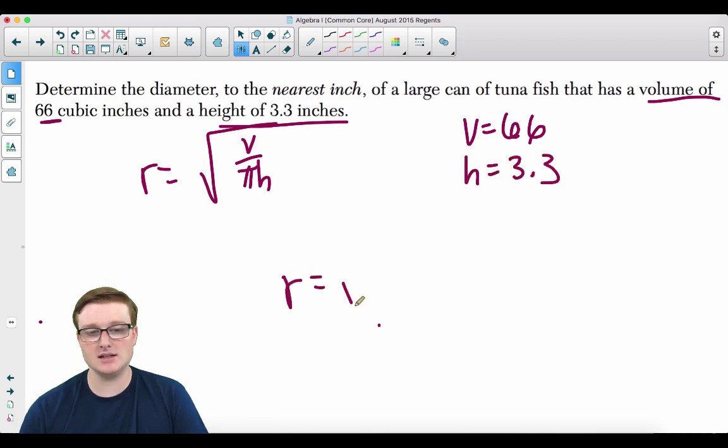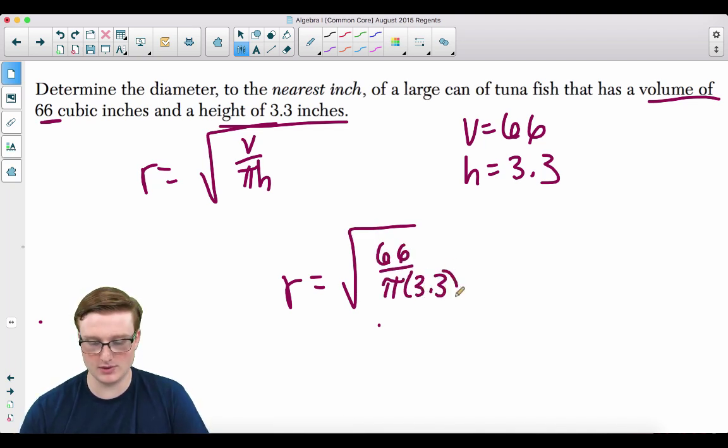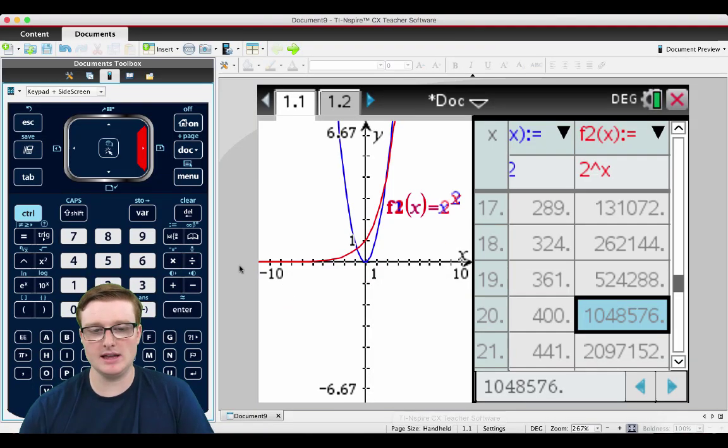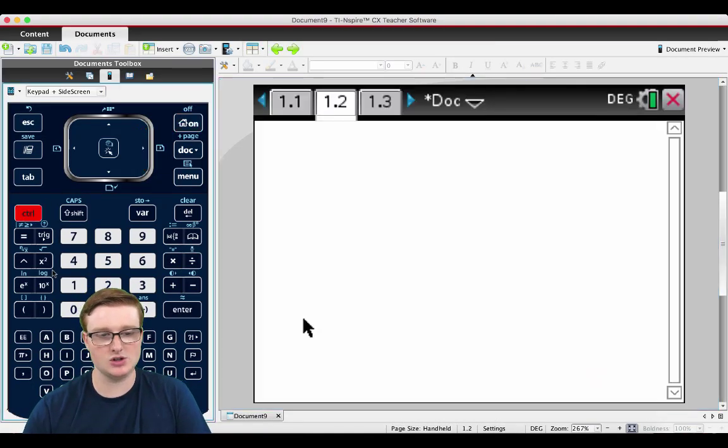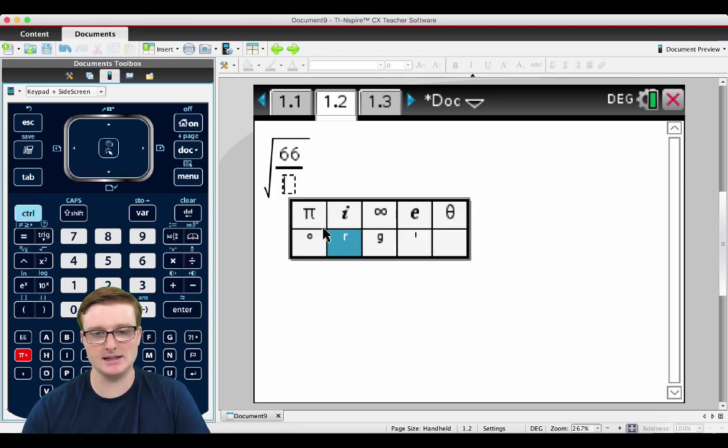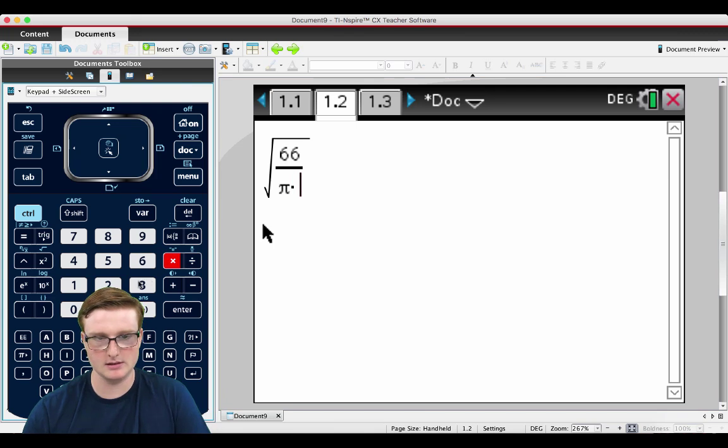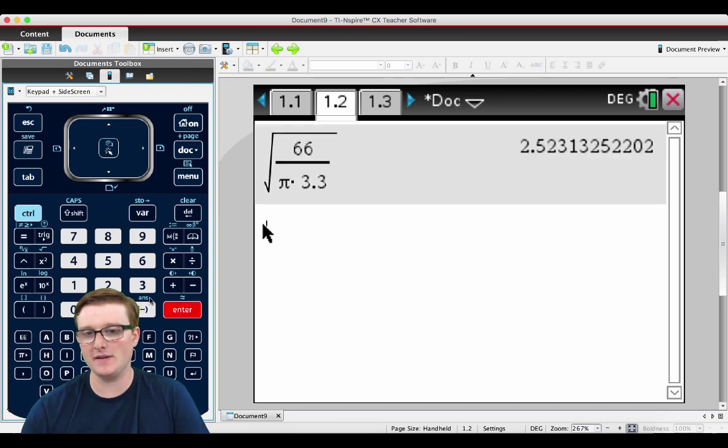So your radius is equal to the square root of 66 over pi times 3.3. Okay? When you plug that into your calculator, you get the square root, control division, 66 over pi times 3.3. 2.523.